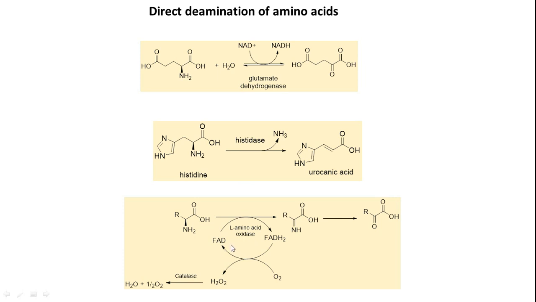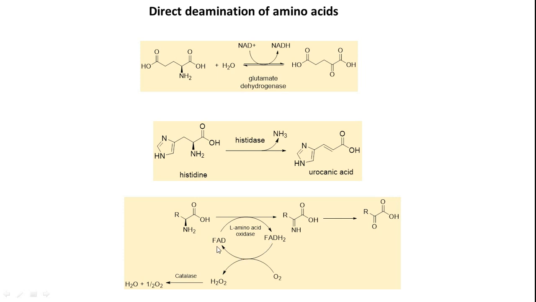For FAD, you can remember an enzyme like succinate dehydrogenase. Dehydrogenation happens and FAD gets converted to FADH2, but this FADH2 is the input for some other reaction.